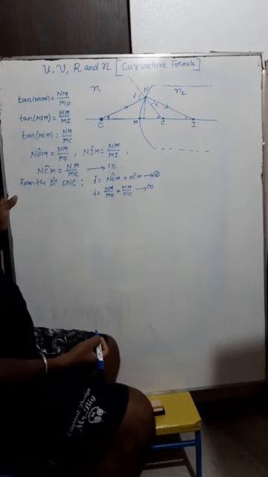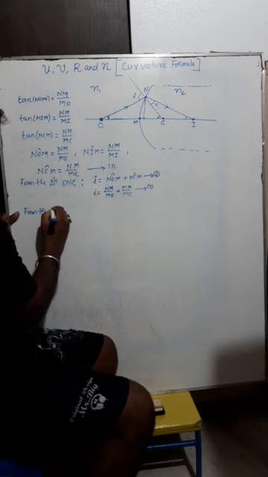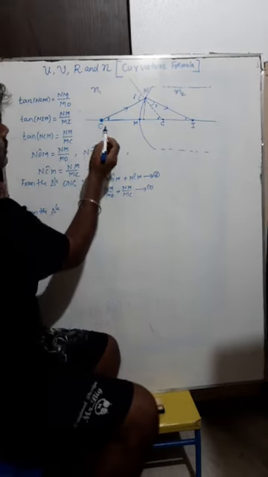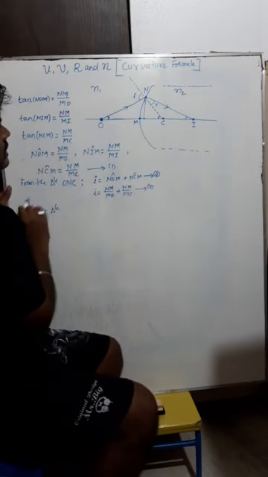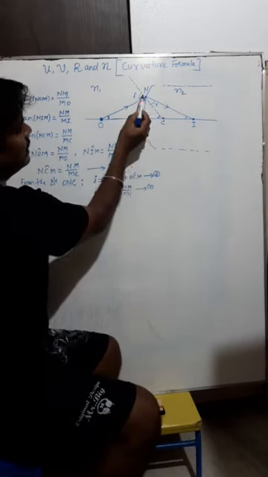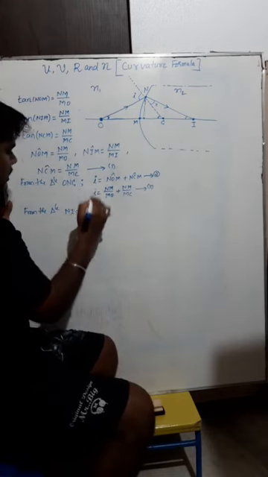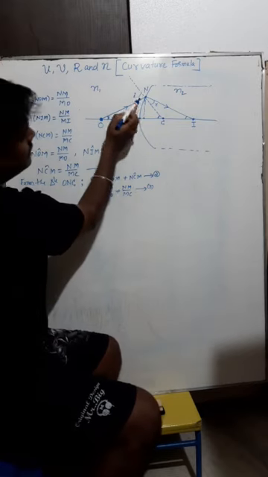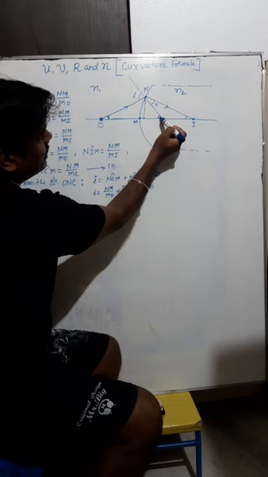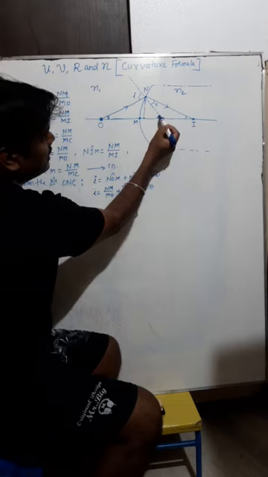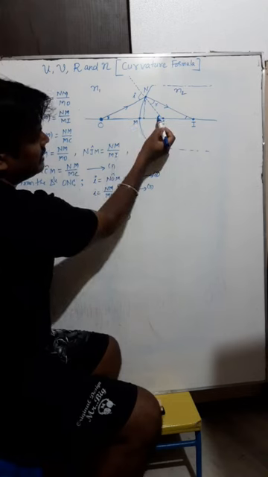Right? Similarly, from the triangle, initially we considered ONC as a triangle to apply this rule. Now I am considering NIC as a triangle here. In this triangle NIC, I want to consider this as the exterior angle. Which one is the exterior angle? NCM is an exterior angle.